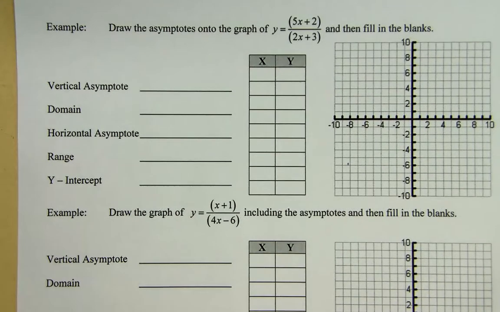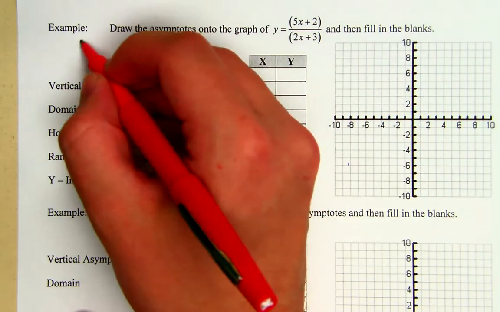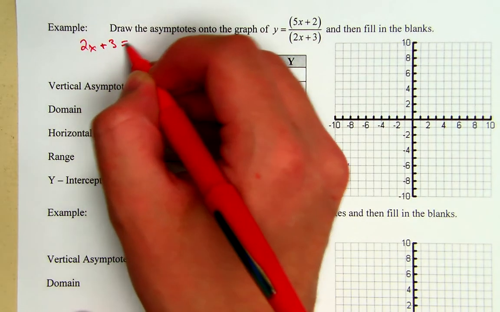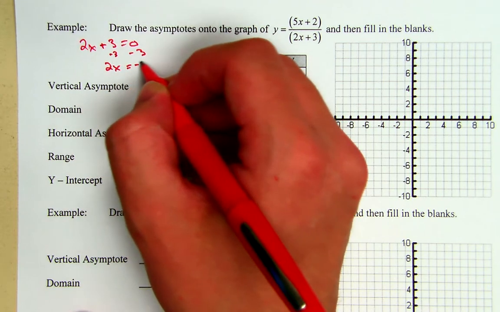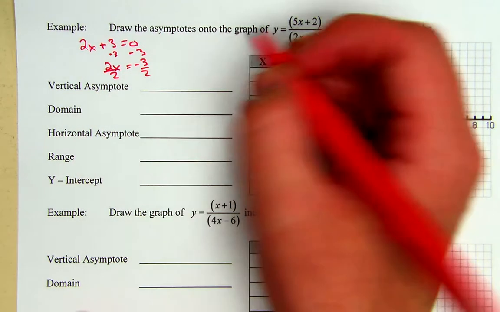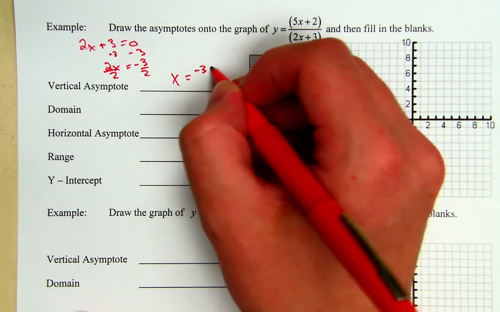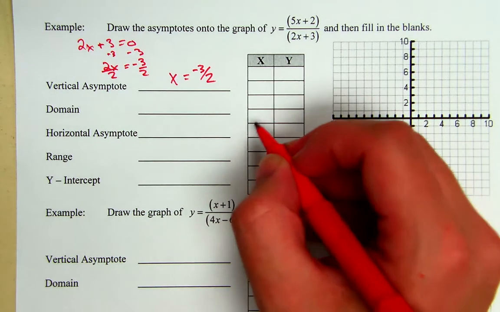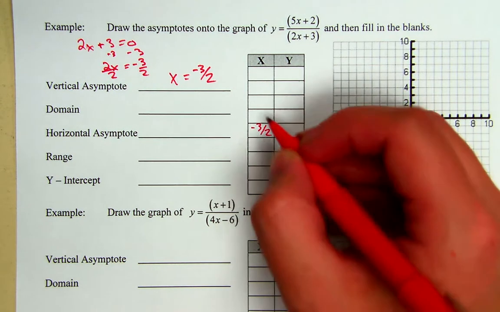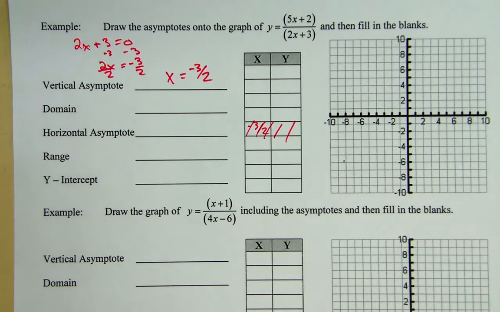So asymptote. We're starting with the denominator, so 2x plus 3 equals 0. Minus 3, minus 3. 2x equals negative 3. X equals negative 3 halves. Fractions are going to happen, so put your fraction in the middle. Again, we're not going to actually plot that.